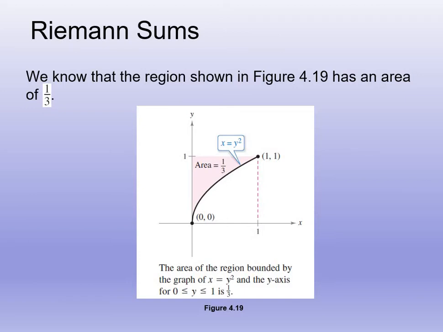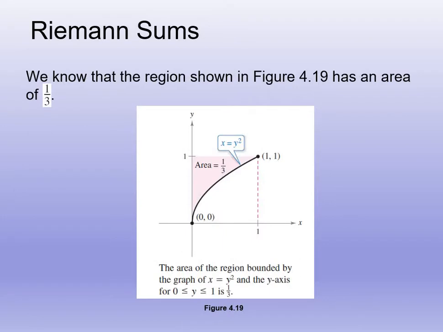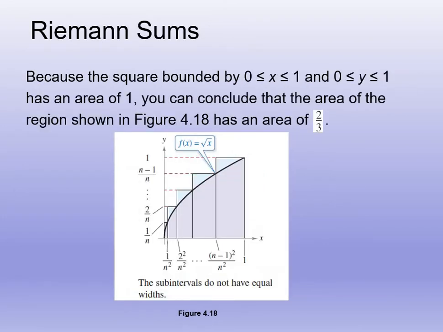In this case, the one right here ended up being 1/3. But this one, because we have different boundaries, ends up being 2/3. So with different widths, that's a difference for us in the different areas there.